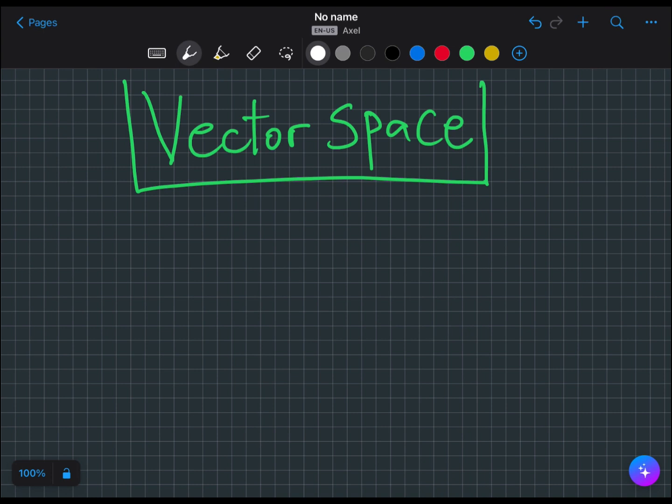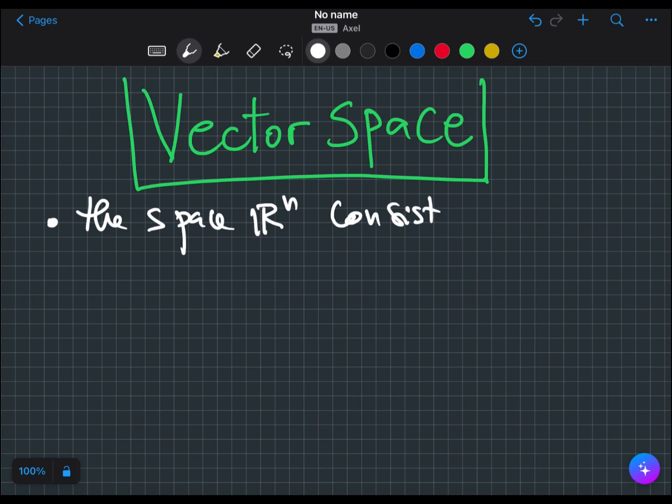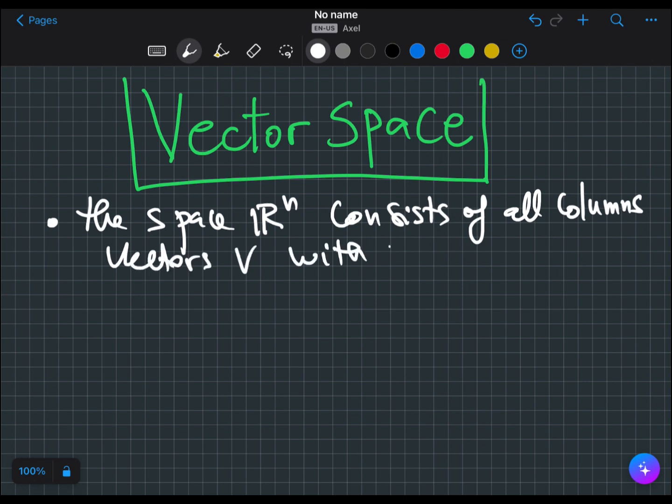For instance, I remind you that the space Rn consists of all column vectors V having n components, right?